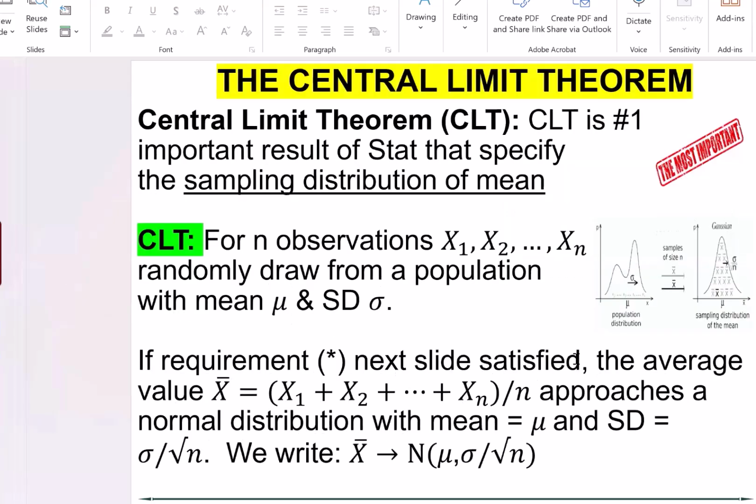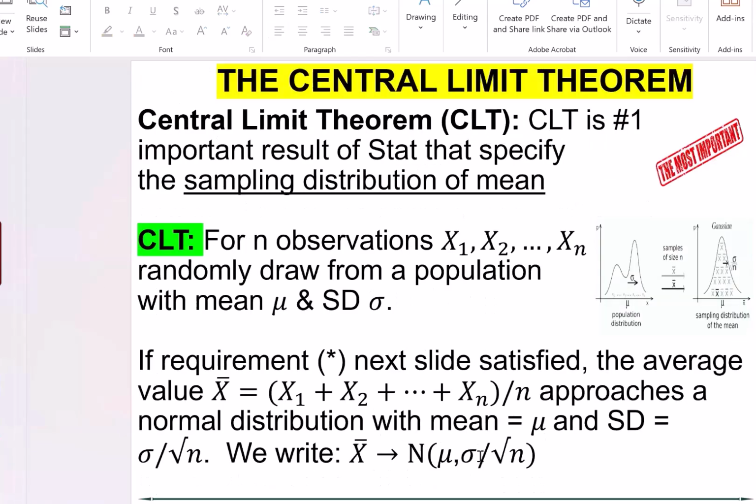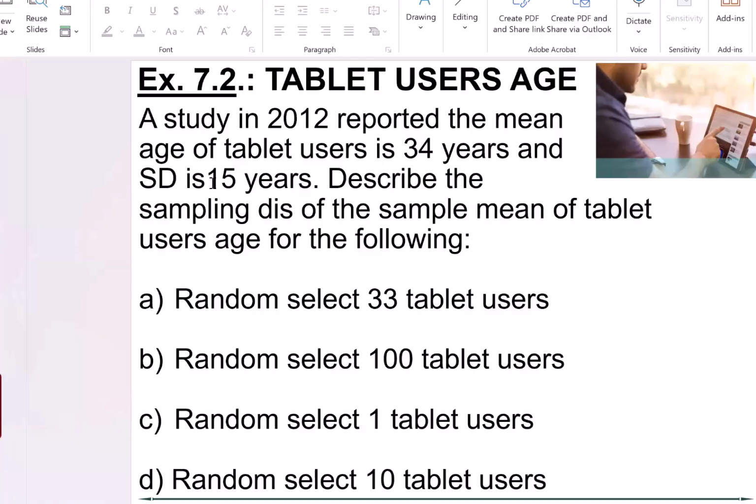So we can apply the central limit theorem and say that the average value, in this case x bar, which for part A equals x1 plus x2 up to x33, divided by 33, the average age of the 33 people in your sample, approaches a normal distribution with mean mu, the original mean, which is 34, and standard deviation sigma divided by the square root of n. Here sigma is 15.